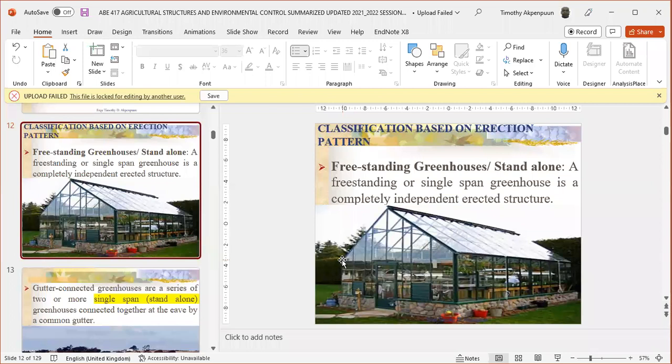A beam is installed at what angle? Horizontally, 180 degrees. Right? Yes, sir. So we'll be designing for the beams, the rafters, the columns, and then the weight of this glass.